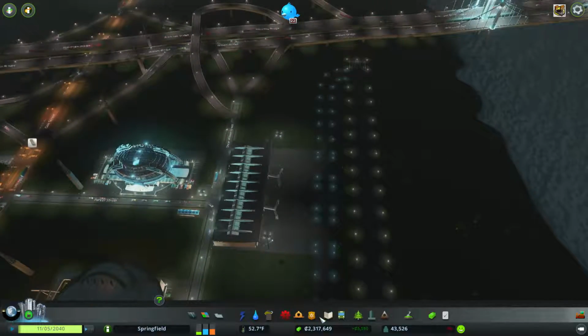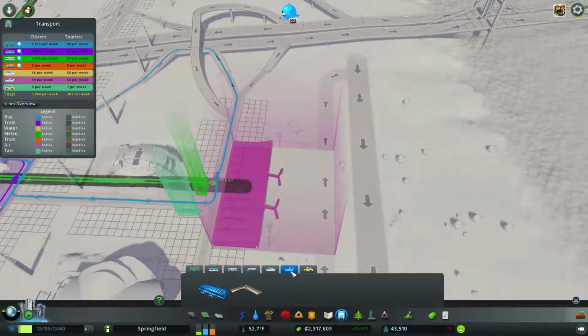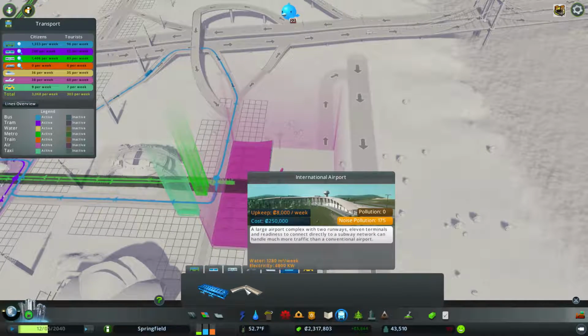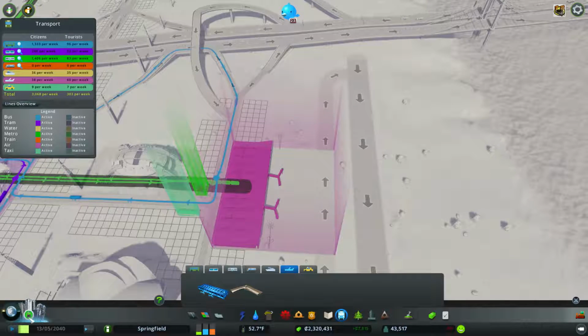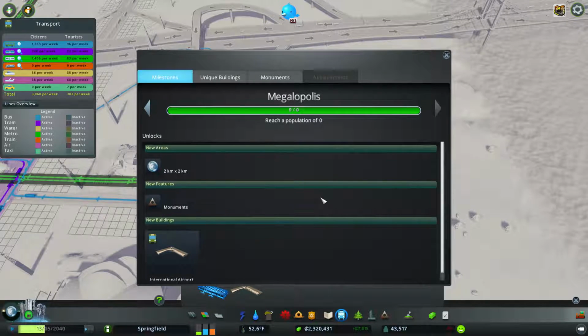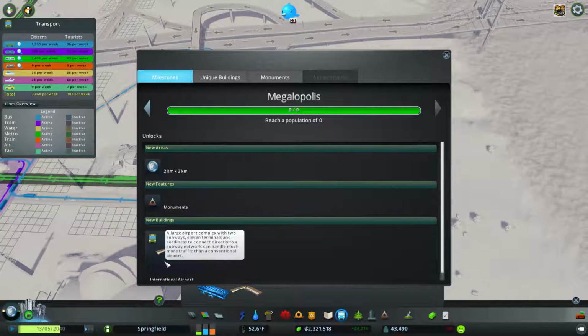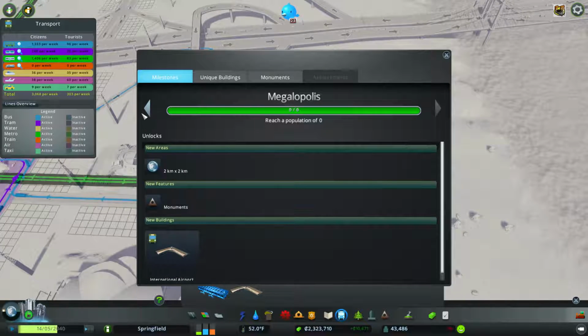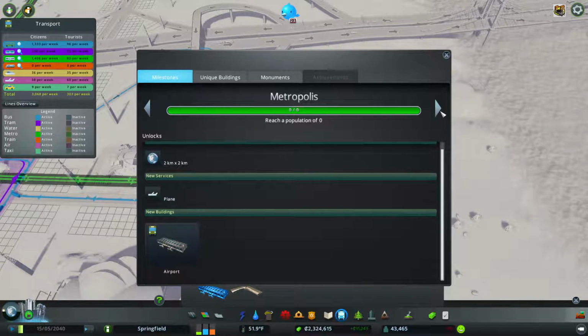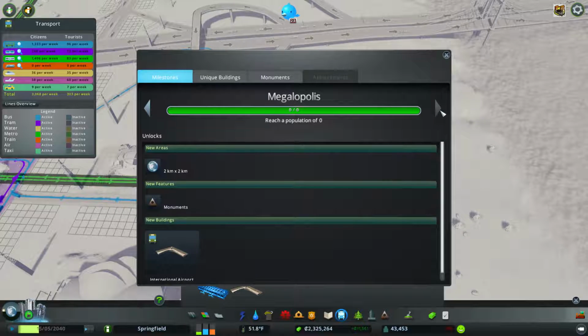I can also, let's take a look here. So for an international airport, what would have been, oh, okay. I would have had to reach the megalopolis to get the international airport, and the metropolis just to get the regular airport.